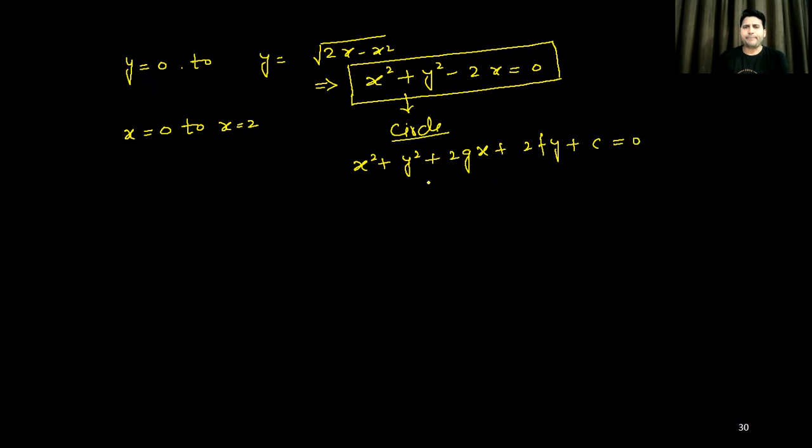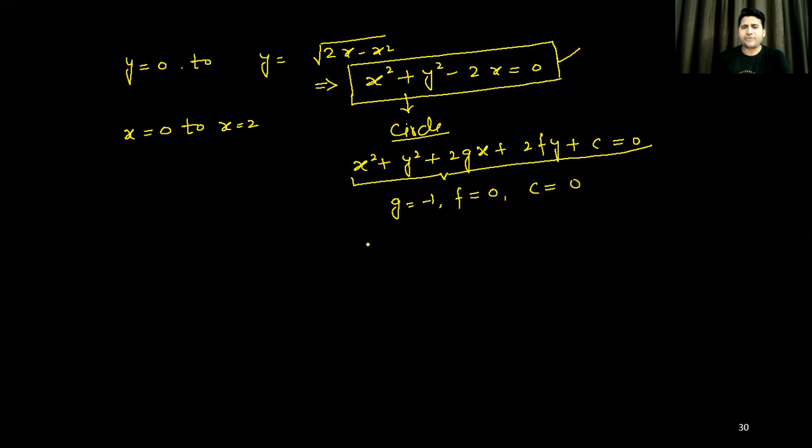If I do the comparison of this circle with this equation, why am I doing the comparison? Because I need to draw this region. And for drawing a circle, I need the center as well as the radius of the circle, which can be evaluated by the comparison. So I'm getting g as -1, f as 0, and c also 0.